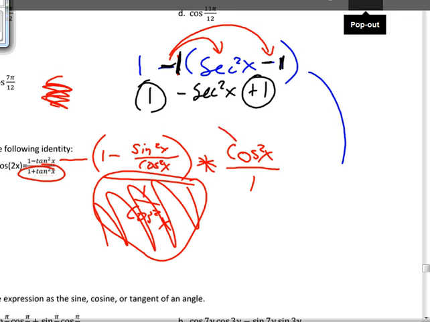I'm going to take cosine times 1, is cosine, and cosine times this, the cosines will cancel, and it's just sine. And that's one of the other things that cosine of 2x is. It's cosine squared minus, there's the minus right there, and once you multiply it in here, you'll have sine squared. It'll be cosine squared minus sine squared. That's one of the other things that cosine of 2x is.